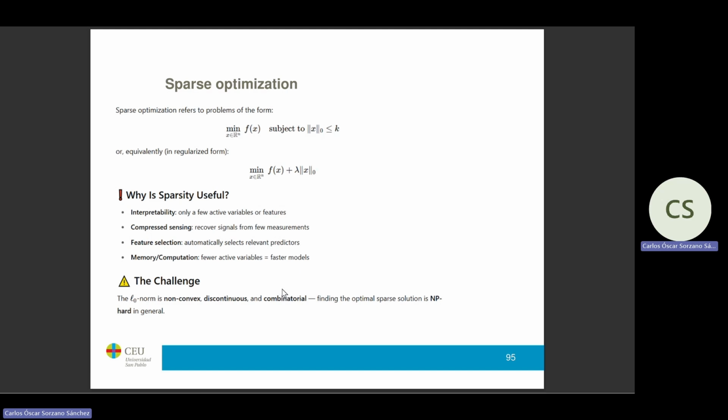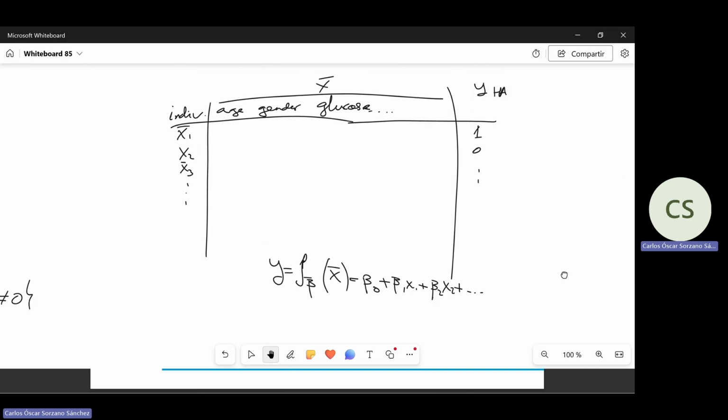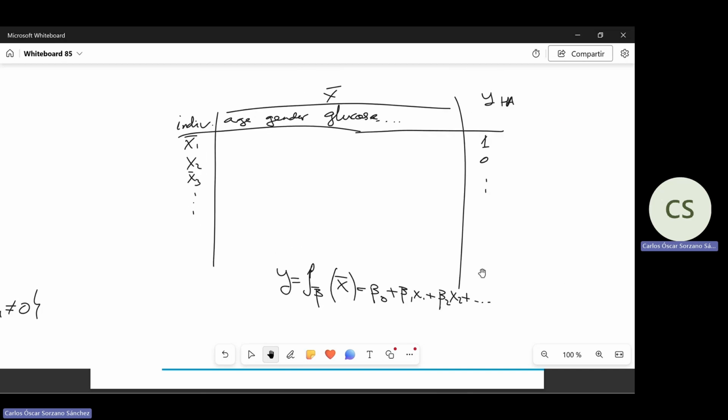An example: you only allow me to take two of these features. So I will take age and gender, or age and glucose, or gender and glucose. At the end, I have to try all possible combinations, and if the number of components is large, that can be very expensive.